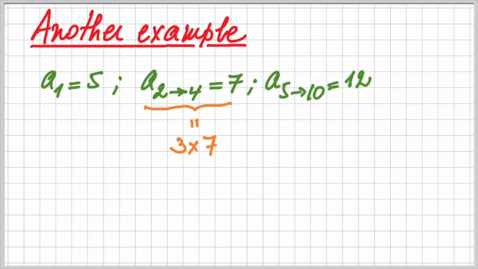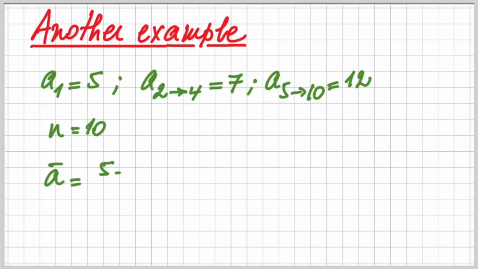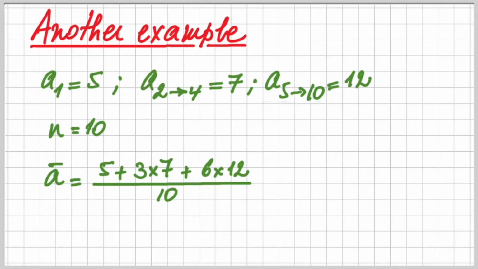For a2, 3 and 4, it's 3 times 7, and for a5 till a10, it's basically 6 times the number 12. Now n is equal to 10, so the divisor for calculating the average is 10, and we find that the average in this case is 5 plus 3 times 7 plus 6 times 12, divided by 10.